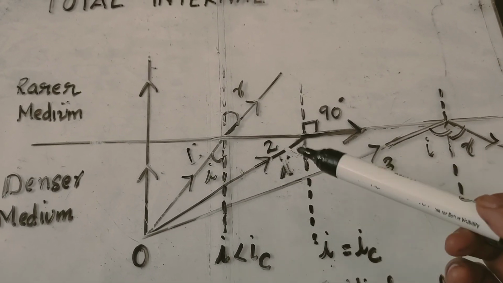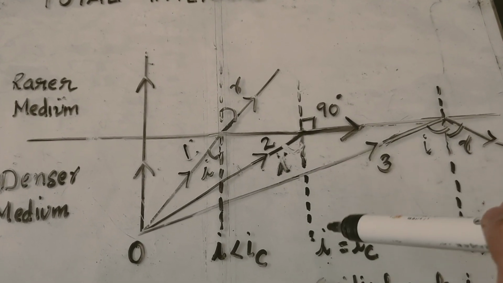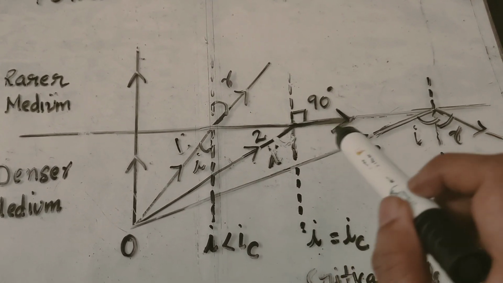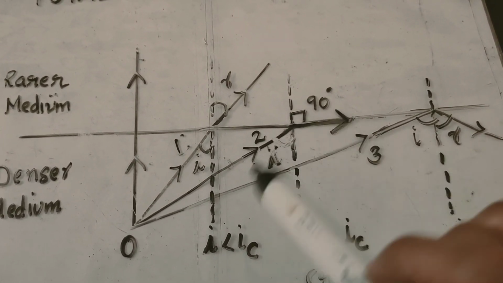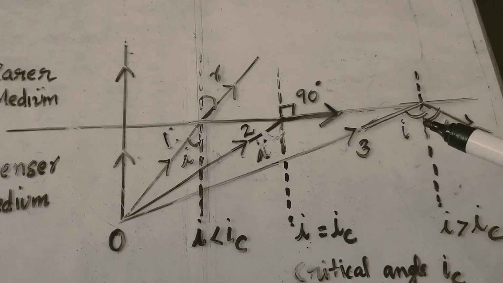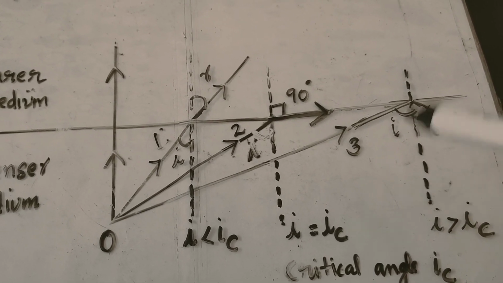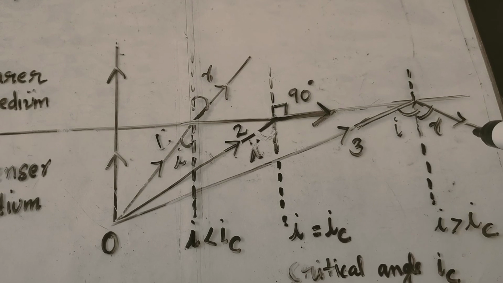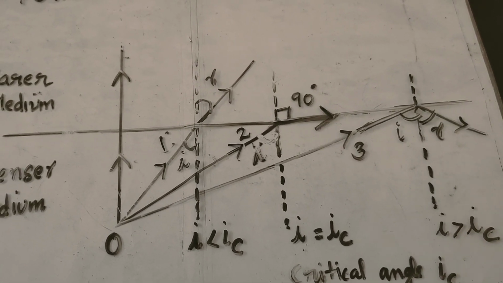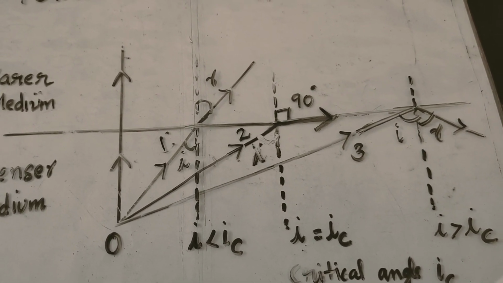Second, as we increase the angle of incidence, when the angle of incidence is equal to the critical angle, the refracted ray goes along the surface of separation. Still we increase the angle of incidence. When the angle of incidence is greater than the critical angle, the entire light is reflected back into the denser medium. That phenomenon is total internal reflection.